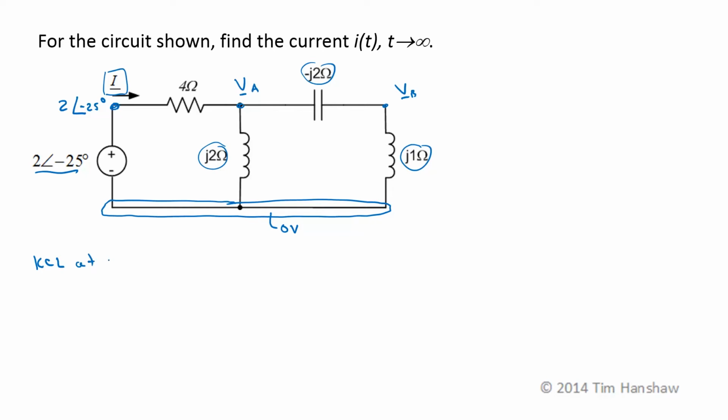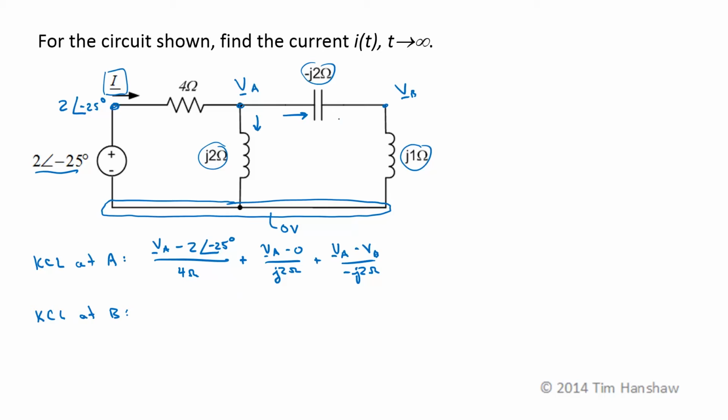So KCL at A: VA as a phasor, minus 2 at an angle of minus 25 degrees over 4 ohms, plus the current through this element is going to be VA minus 0 over j2 ohms, plus the current through the capacitor is going to be VA minus VB over negative j2 ohms.